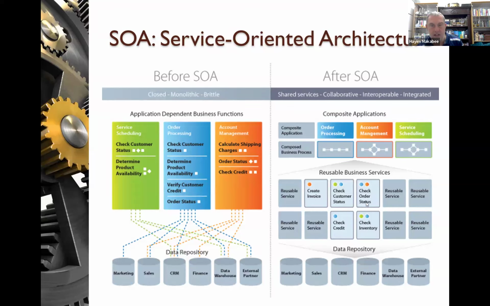And the check order status is being used by the processing and by the account management. And the check credit is used by the order processing, and the check inventory is being used by the scheduling and the order processing. So these different business services are being used by many different applications.